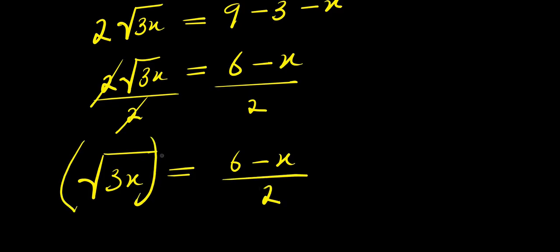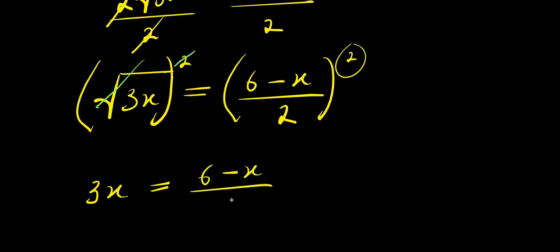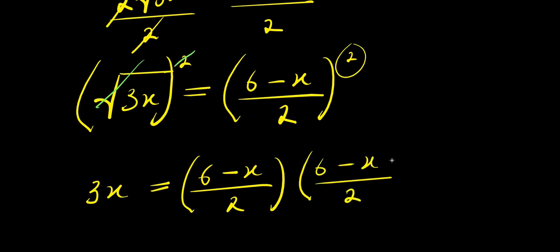We take the squares of both sides of this equation. So what happens here is that the square root cancels the square. We have 3x equals, for this, we multiply it twice. So we have 6 minus x divided by 2 times 6 minus x divided by 2.